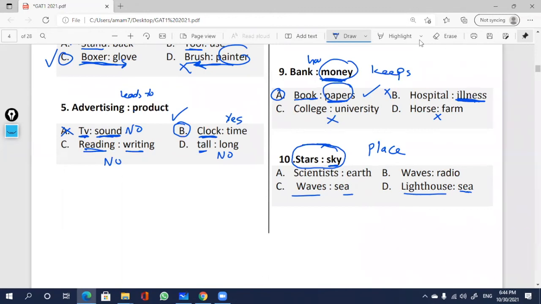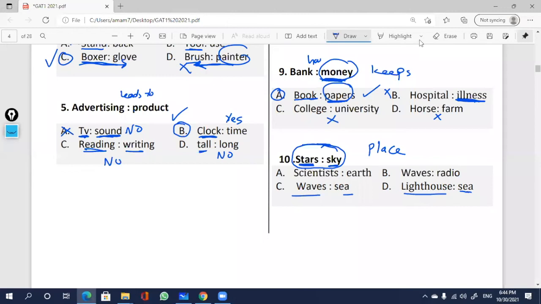Okay. Can I say that because stars are many things in the sky, that waves? No. There are many waves in the sea? No. Let me, stars, what are the functions of stars? Can you think of the function of them? Can I say they light the sky?